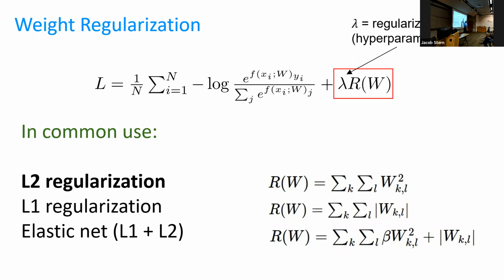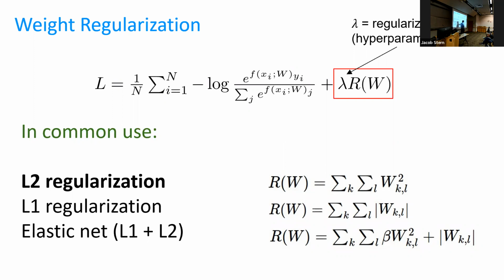Basically, we will choose lambda to control our trade-off between regularization and minimizing our loss. As far as what that regularization can be, here are 3 common choices. This first one is called L2 regularization, and it basically penalizes the squared values of our network weights.